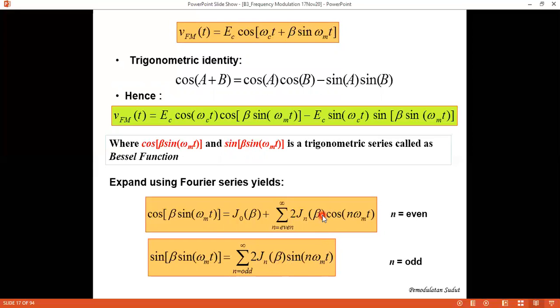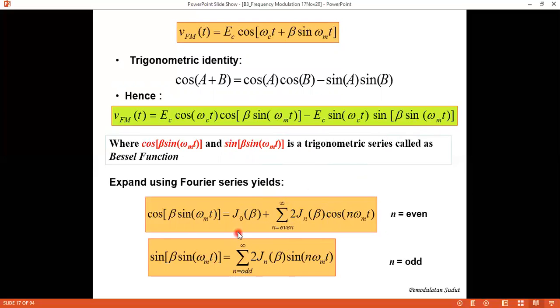So we can substitute cos(beta sin omega_m t) equal to this Fourier series inside the equation, and sin(beta sin omega_m t) equal to this summation.